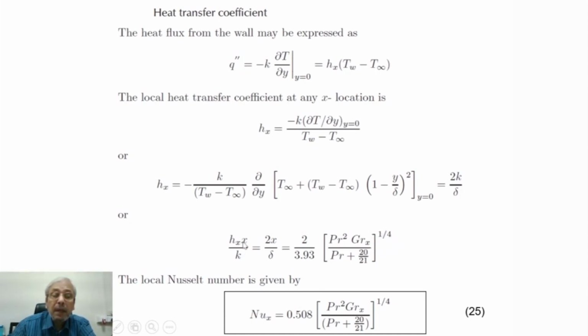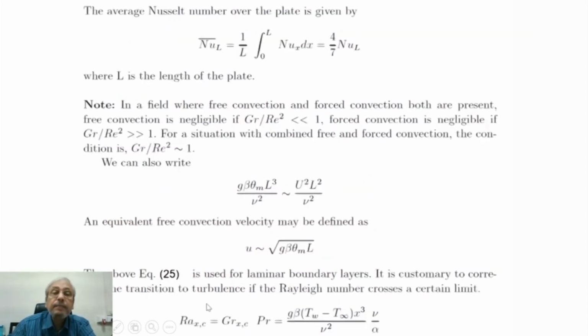So the Nusselt number at any x from the leading edge is given by 0.508 into, within the bracket, Prandtl number squared into Grashof number divided by Prandtl number plus 20 by 21, entire quantity raised to the power 1 by 4. This is the expression for the Nusselt number at any x from the leading edge.